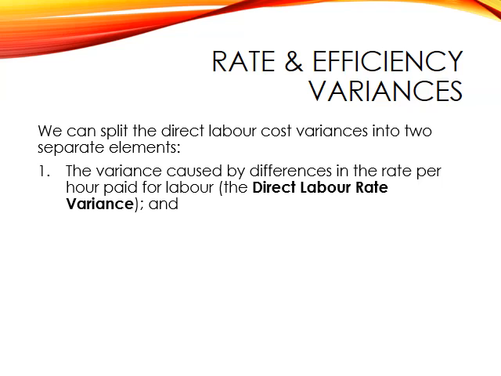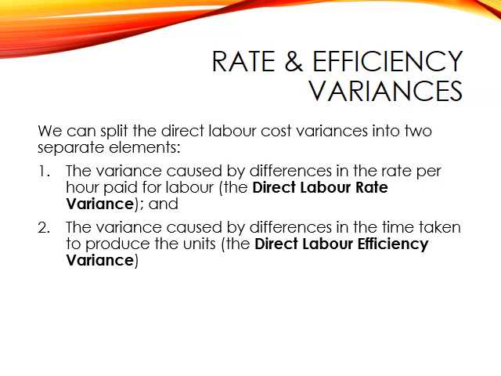Firstly, we can identify what the variance is that's caused by differences in the rate per hour paid for our labour, and this is called the direct labour rate variance. And secondly, we can identify the variance that's caused by differences in the time that's taken to produce the units. And this is known as the direct labour efficiency variance.